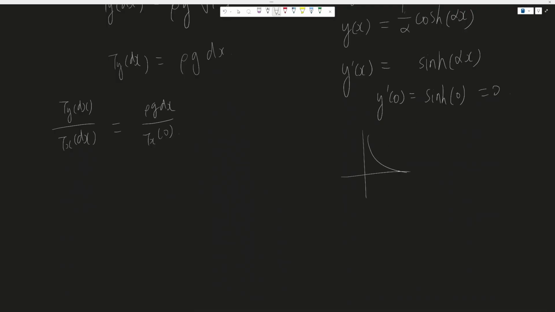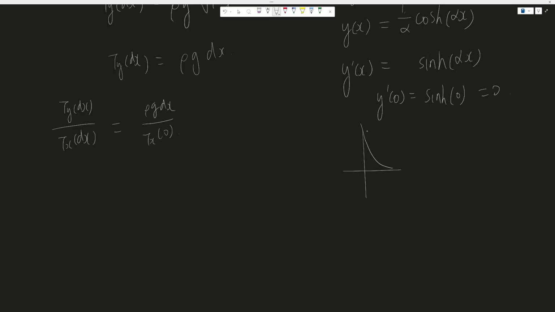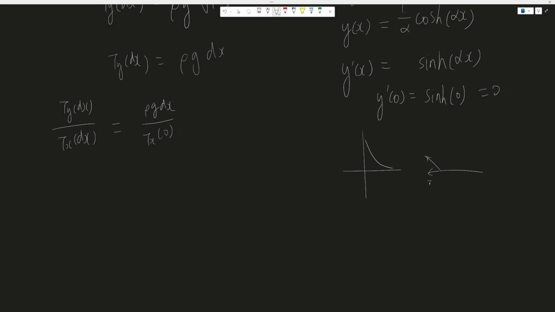If we have this short piece over here, and this is tx dx and ty dx. So the slope of this segment here is just ty dx over tx dx.